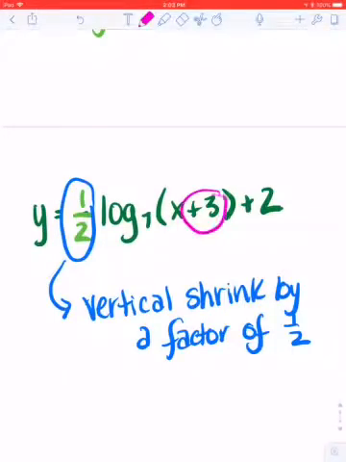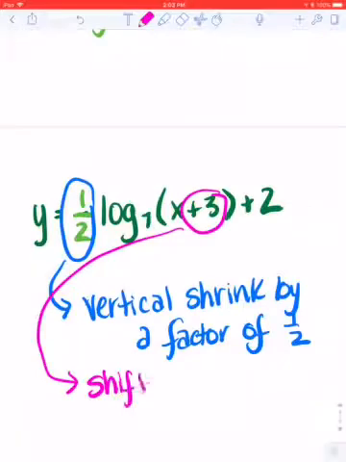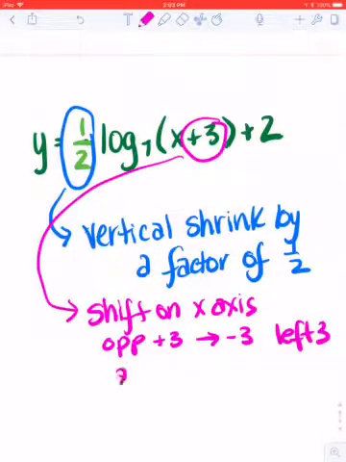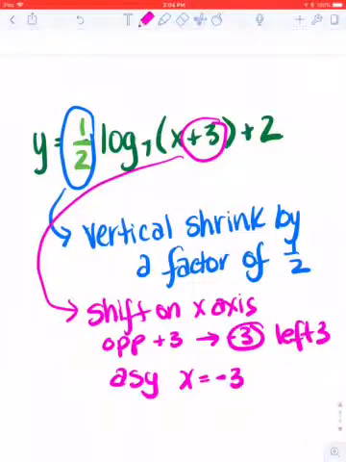Now if I go look at this next part, this tells me that it's going to be a shift on the x-axis. And remember, it's always going to be opposite. So if it's +3, it's really going to -3, which means it's going to go left 3. It also means the asymptote is going to be x equals this number, so negative 3.